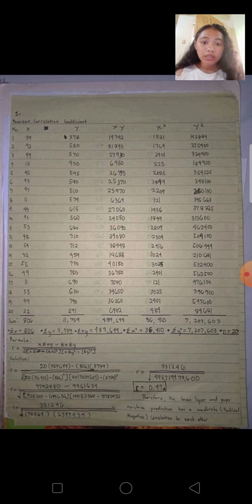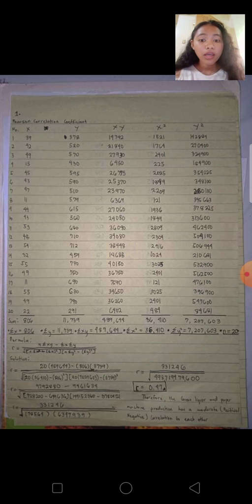And the process will still repeat until number 20, which is 22 times 22 is 484.